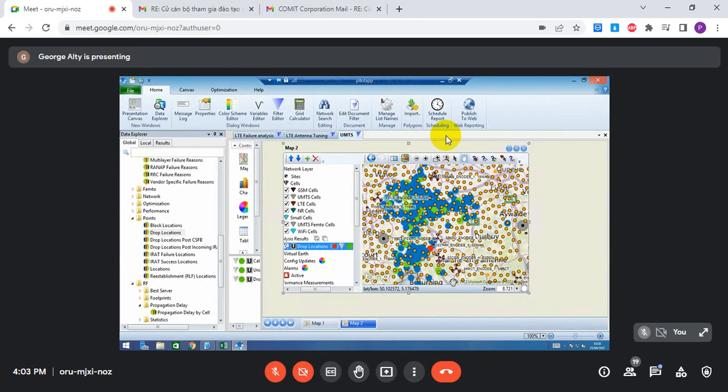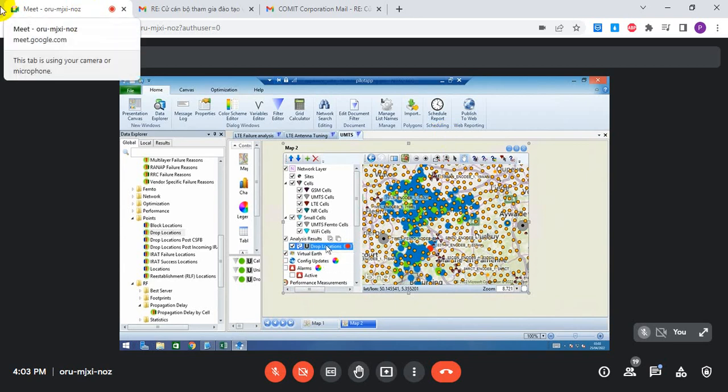So what I've just done is I've dragged onto here. I wanted to talk about locations and subscriber very quickly. So what I've done here is I've pulled the drop locations out. And again, I've just pulled this out because I know I have a massive data set. That's giving me drop locations for all my subscribers. If I do this naturally on your network, that is going to be absolutely meaningless.